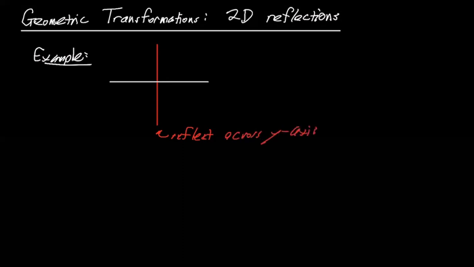And what this means is if I have some vector like here, this is my vector x, then the reflection will be the mirror reflection over here, right? So that will be T of x. And so T is still a map from R2 to R2.